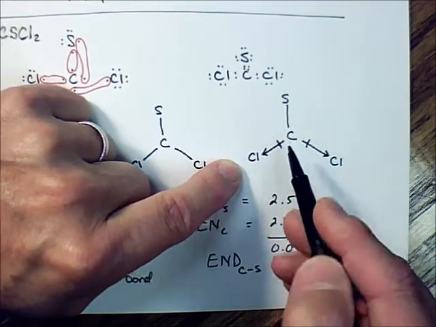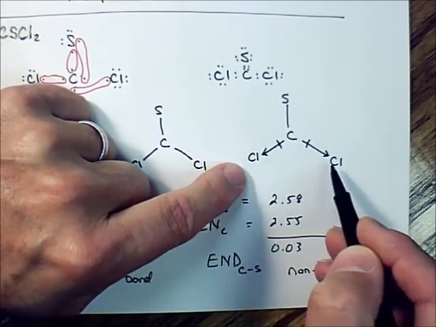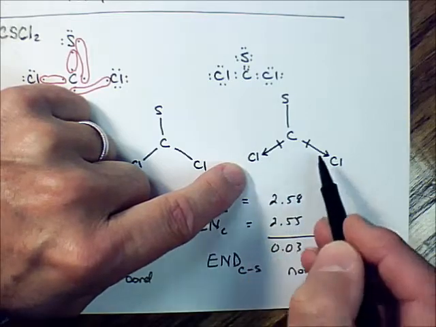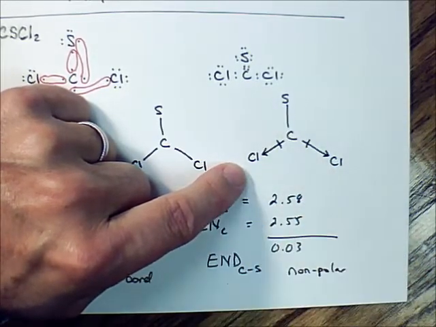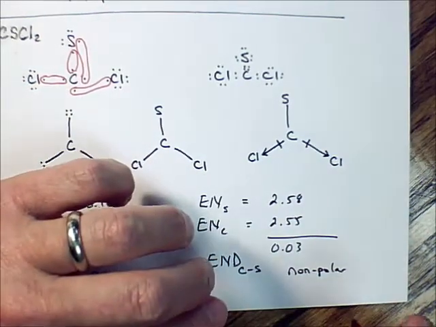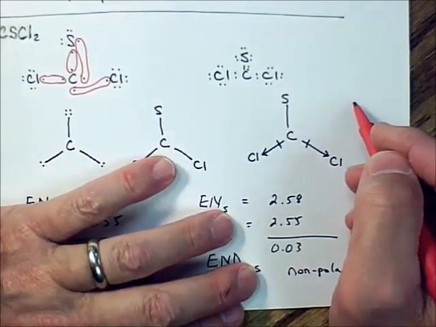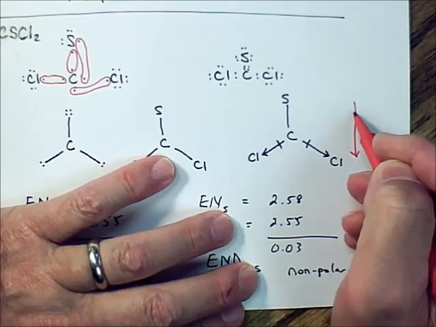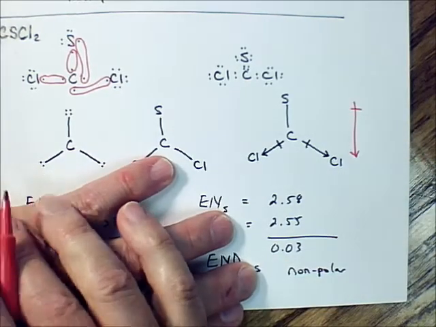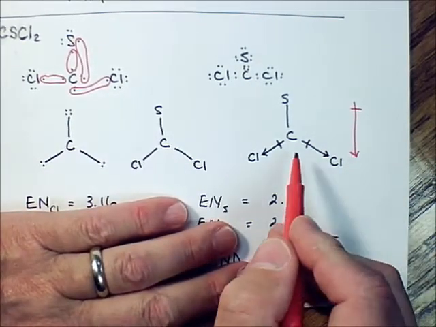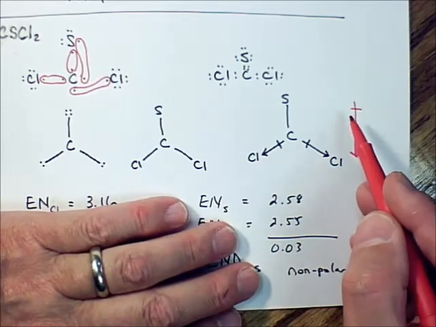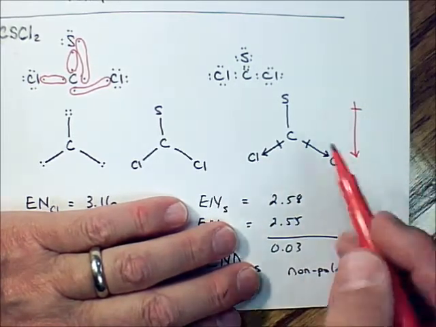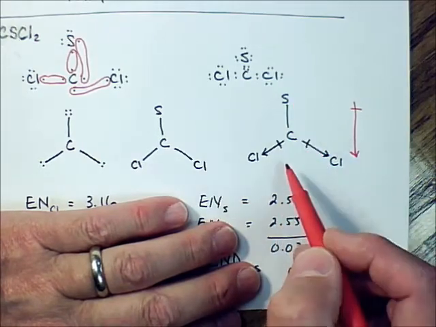That makes this whole end of the molecule down here more electronegative than this one. So for the whole molecule, the dipole moment appears to lie in this direction. This is the molecular dipole. These are bond dipoles, or bond dipole arrows. This is a molecular dipole arrow. It shows that the direction of the electronegativity is in this direction.